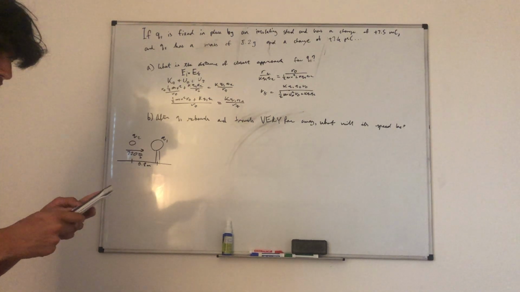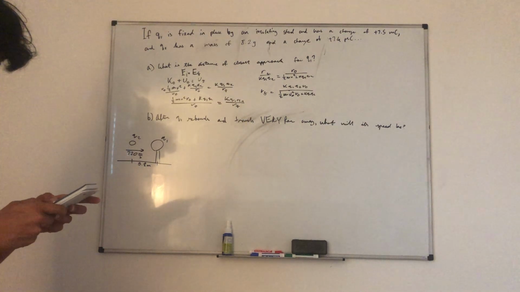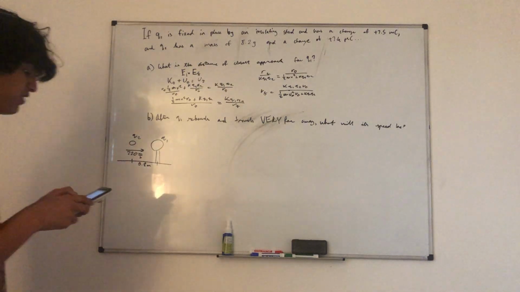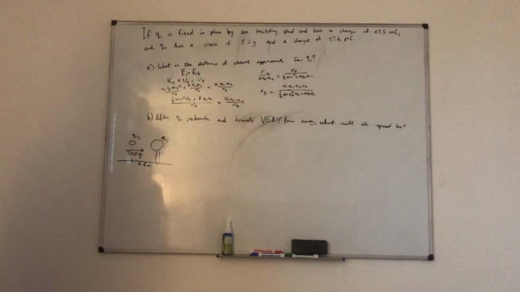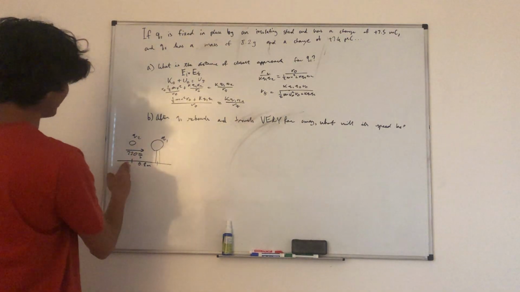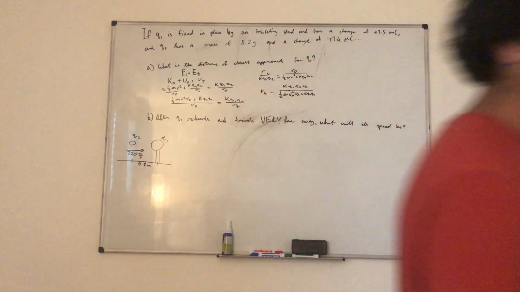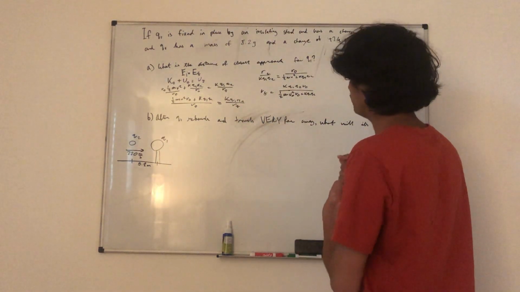Let me just do it like this. Yes, this is the answer I remember: 0.404 meters. That's going to be its closest approach. So it starts at 0.8, and when it gets to 0.404, it's going to start moving away.